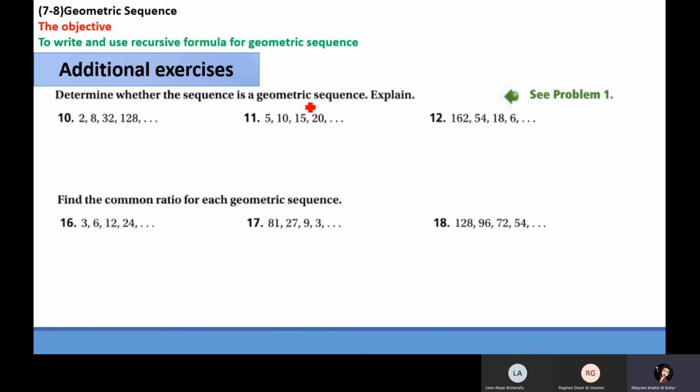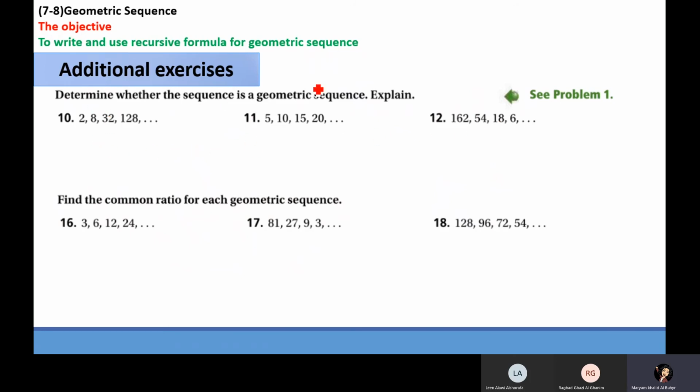So here are more examples or exercises if you want to try them, because I will post this PowerPoint for you. These are exactly the same exercises as in your book, but I just want to mention one thing. Determine whether the sequence is a geometric sequence. Explain. So exactly the same thing that I did in the previous exercise.